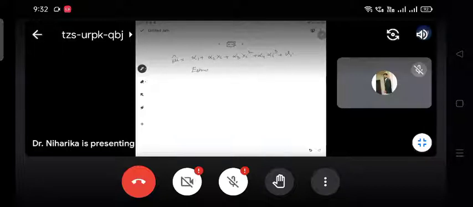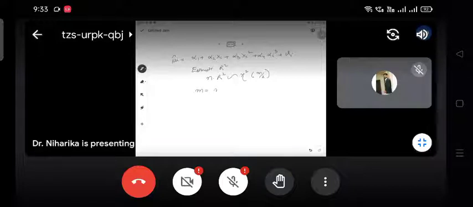Okay, we estimate R square from this equation. We apply OLS and estimate R square, and then we apply the chi-square test. So the formula for that is n into R square, which follows chi-square distribution, and it's compared to the chi-square table value for m degrees of freedom.